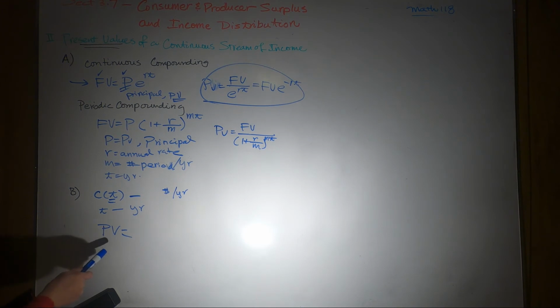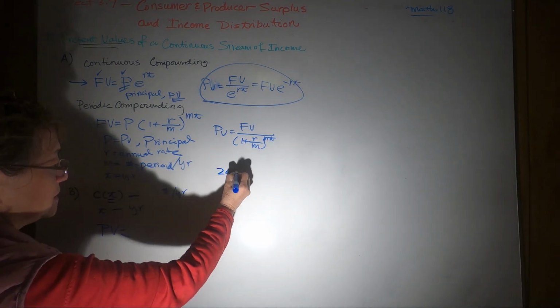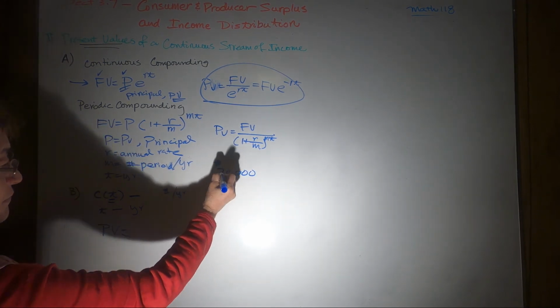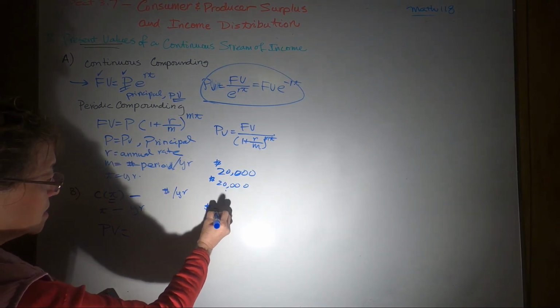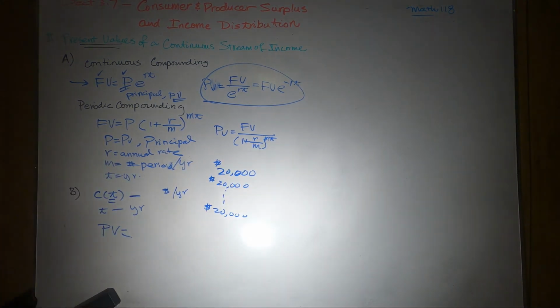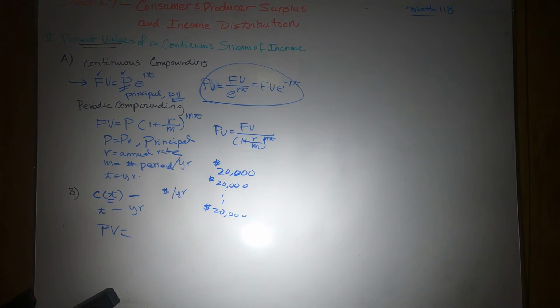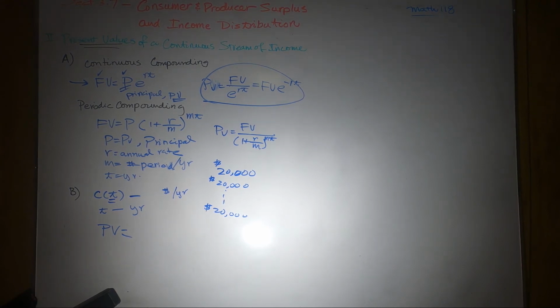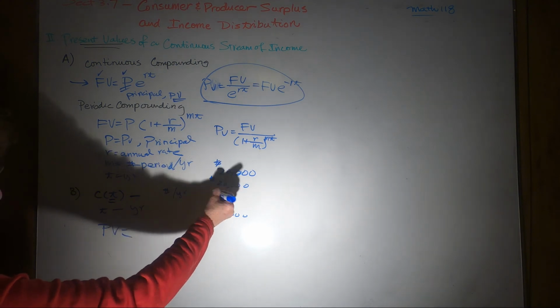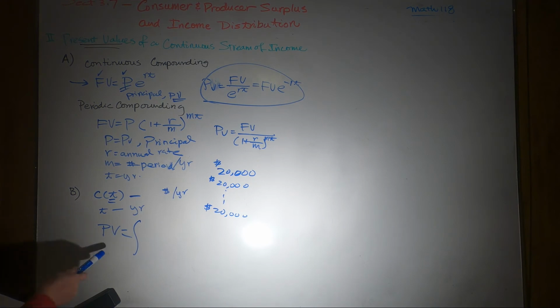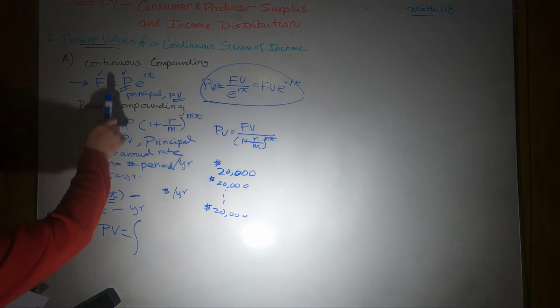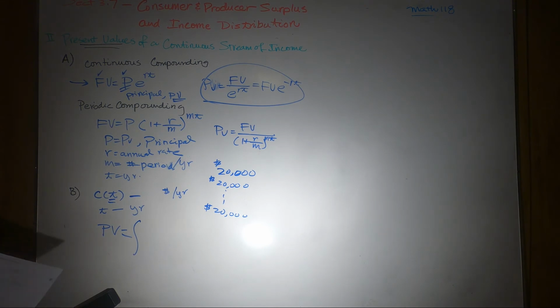But in this one, when you put in $20,000 the first year, another $20,000 the second year, and so on for 20 years, they accumulate interest differently. Not everything is the same. So you will use this formula to calculate the present value of a continuous stream of income. We do this from 0 to how many years.